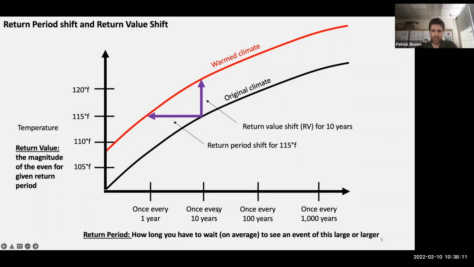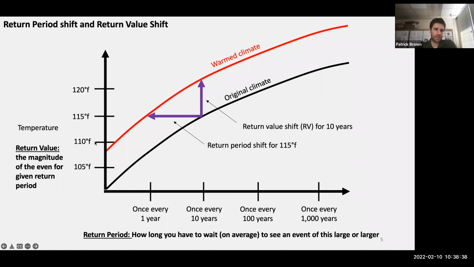These numbers represent essentially probabilities or risk. A once in a 10-year event would mean that in any given year, there's a 10% chance of seeing that. And a once in a 100-year event would be, in any given year, a 1% chance of seeing that. So these represent risk or probabilities.